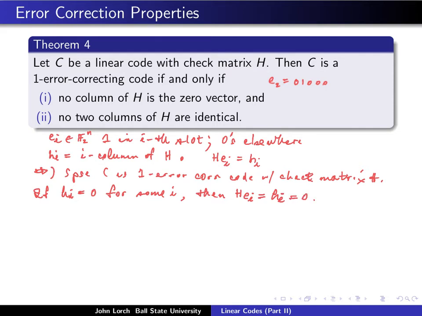Now what that tells me, because capital H is a check matrix, is that E sub I is a code word.